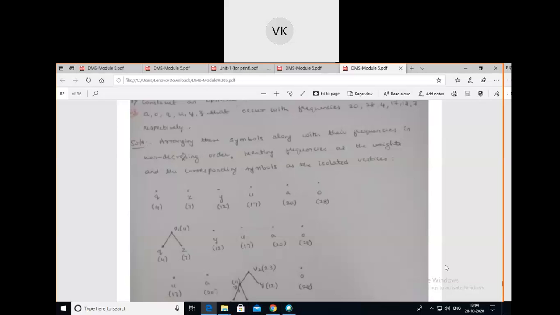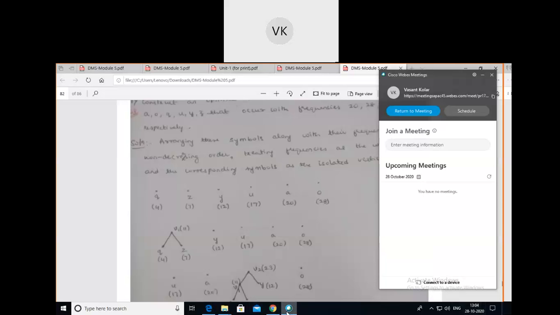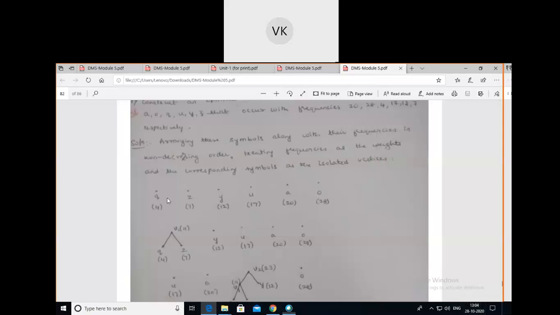Treating frequencies as weights, and the corresponding symbols as isolated vertices, these symbols we are going to treat as the vertices or nodes in the tree.